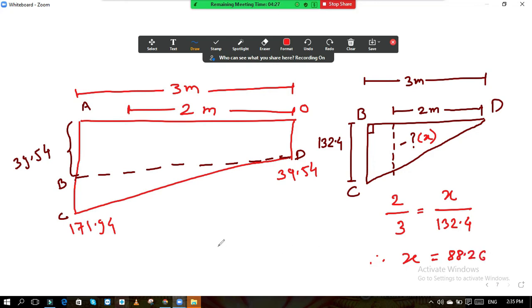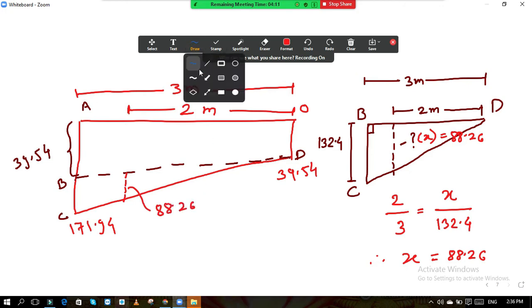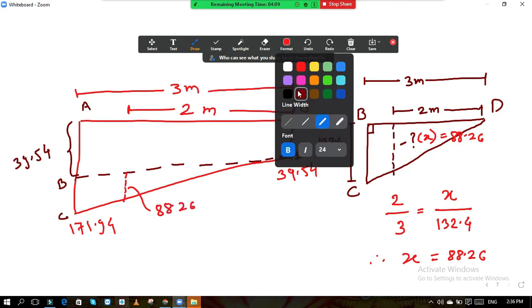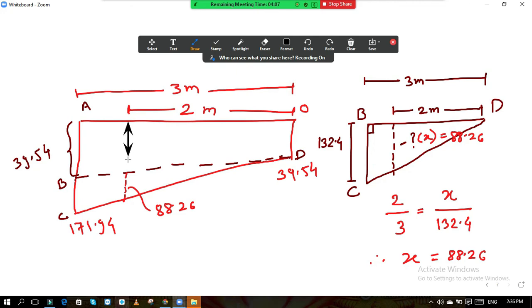म्हणजे काय total ordinate झाला का नाही? Only this ordinate is 88.26. So it is in DBC. So DBC, if you see, if I project this ordinate, only this much of ordinate, this is 88.26. Okay, then this ordinate from this point, this is already known.